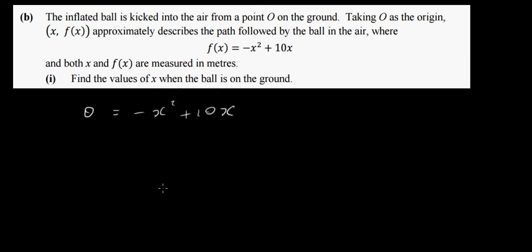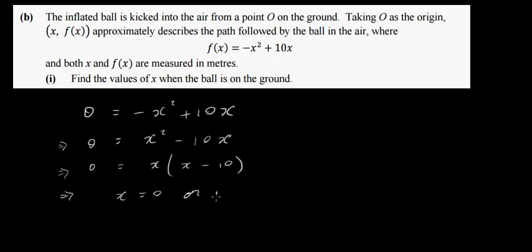I'm going to work out what x is here, this is just simply factorizing. What we can do first of all is get rid of this minus here. So multiply across by minus 1, so that'll give us x squared minus 10x. Now we can factorize, so we've got 0 is equal to x times x minus 10, so that will give me x is equal to 0 or 10.